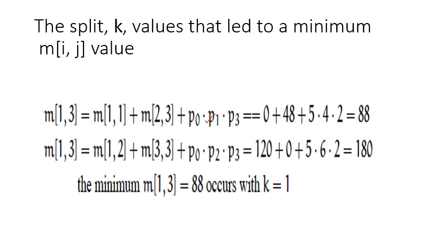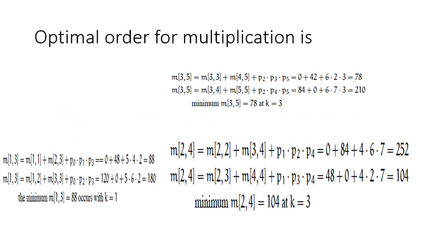Next, when we have only two matrices like 1 to 2, then split is taken at 1, 2 to 3 split is taken at 2, 3 to 4 split is taken at 3, and 4 to 5 split is taken at 4. And similarly the other entries in the table are calculated.